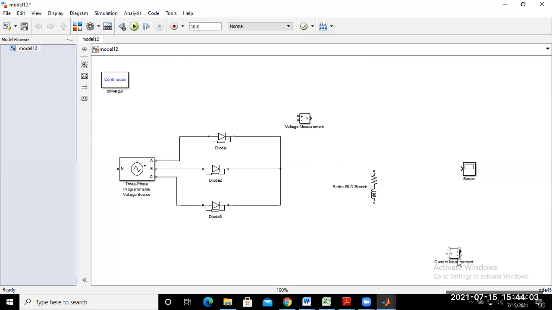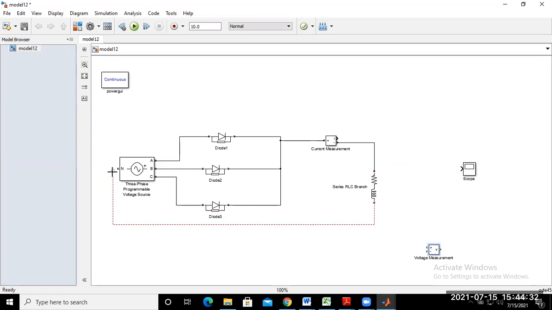Voltmeter, current here. So this one is connected here. This voltmeter move to this point and connect this ammeter. And the negative polarity of this load is connected to the negative polarity of the source. Now it is connected.